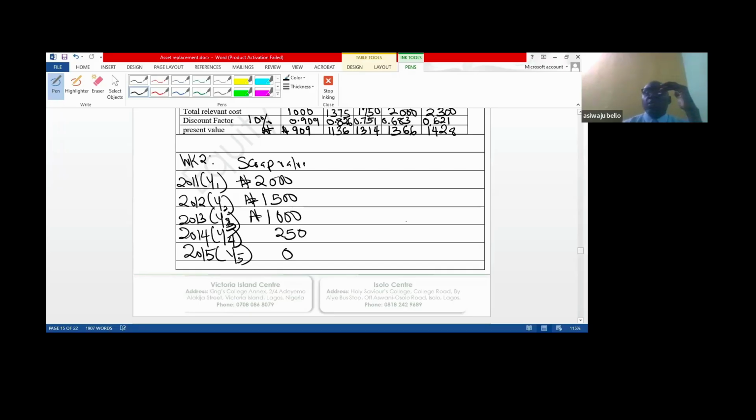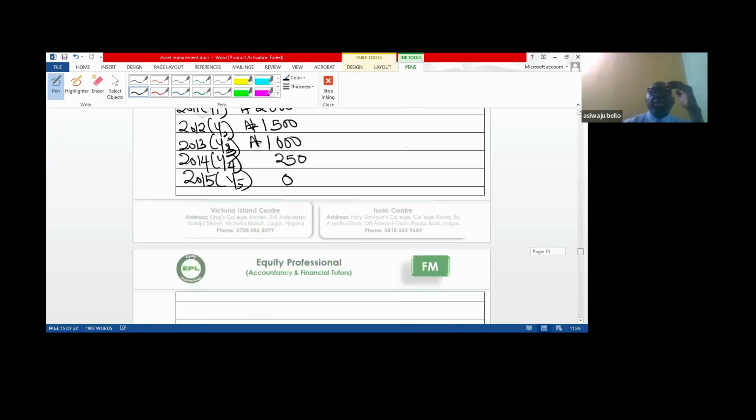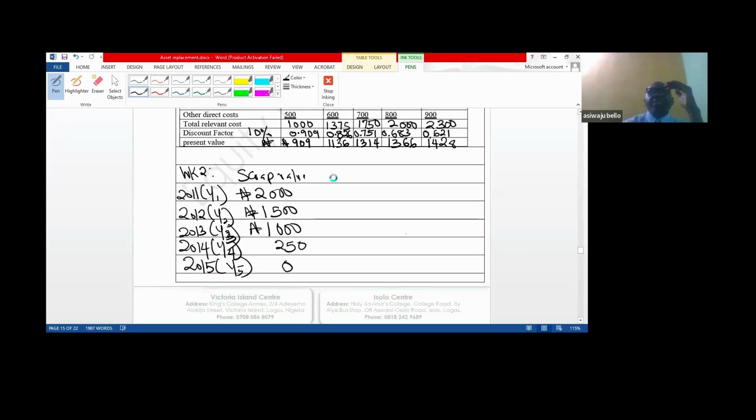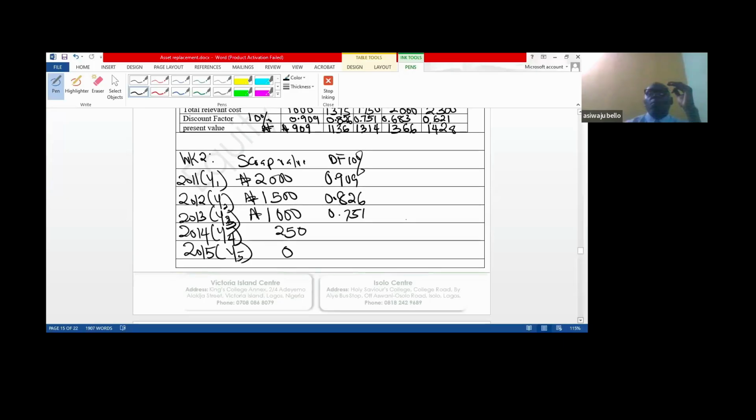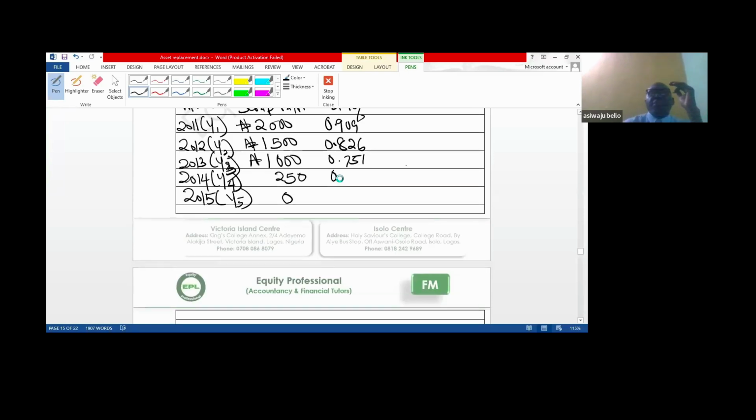The scrap value is at different times. Now I need to take it to their present value. Introduce your discount factor at 10%: 0.909, 0.826, 0.751, 0.683, 0.621.